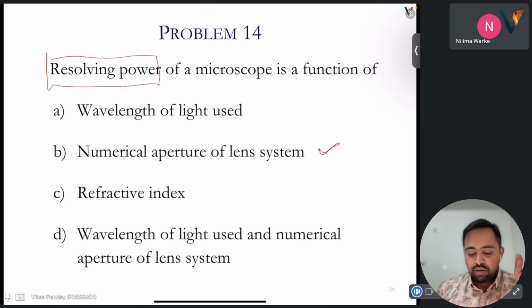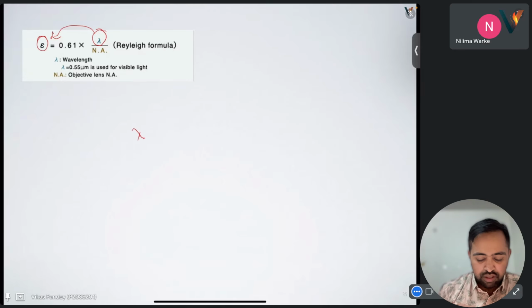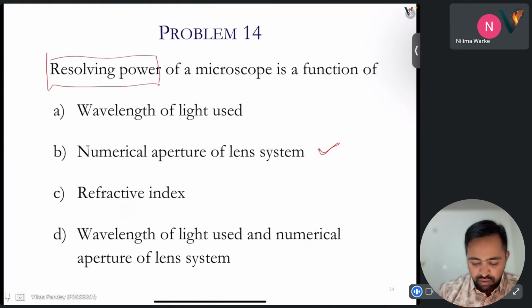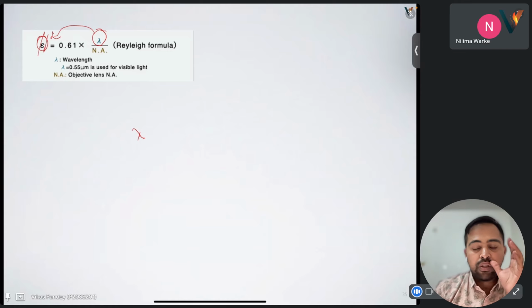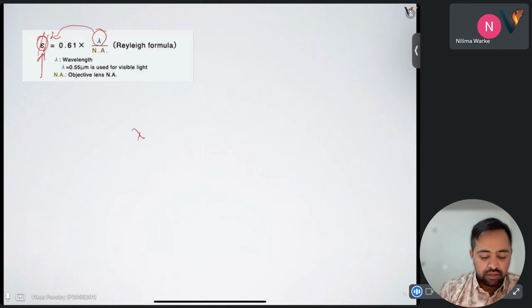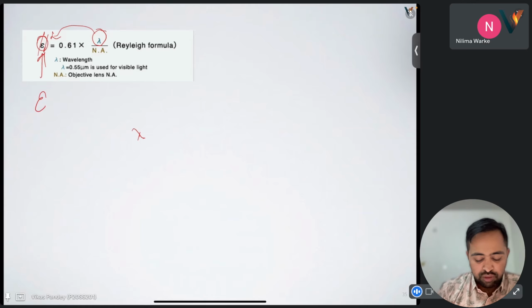It is based on the Rayleigh criterion. Resolution is inversely proportional to wavelength: the higher the wavelength, the smaller the resolving power. This epsilon is the smallest resolvable distance; the smaller the epsilon, the better the resolution. So resolution will be 1 upon epsilon.